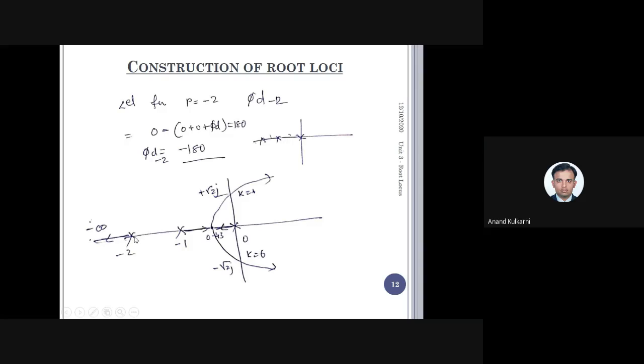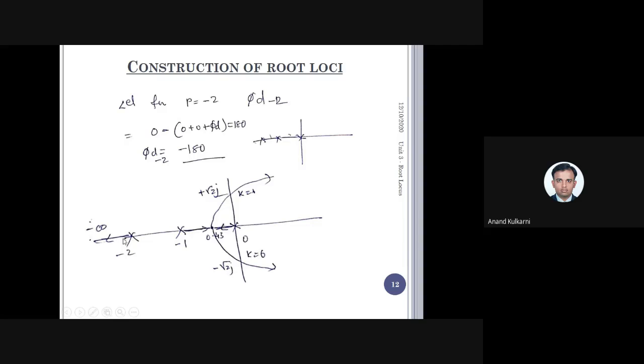Whereas the pole at -2 will go towards the left, up to infinity, because there is a zero at infinity. So the breakaway point will not be approached this way. The -1.577 point is useless or redundant. It will actually give you the minimum value of k, so we are not bothered about that.